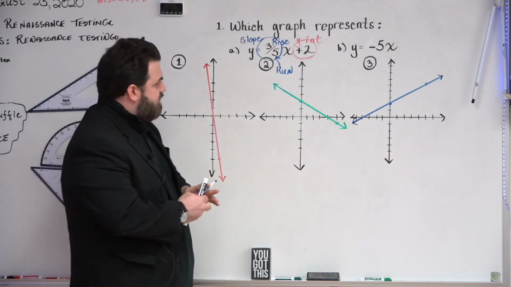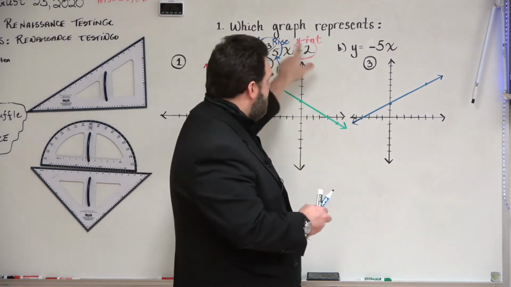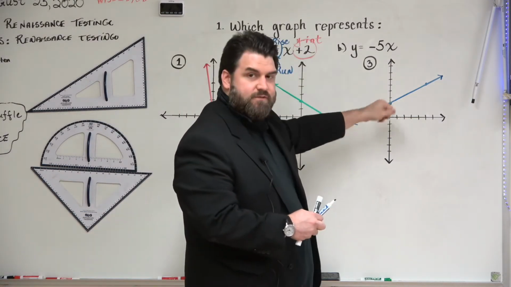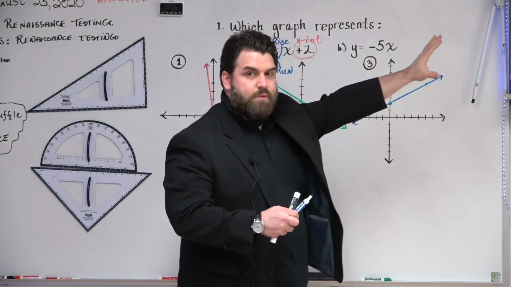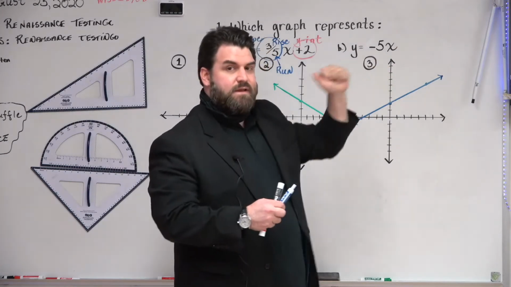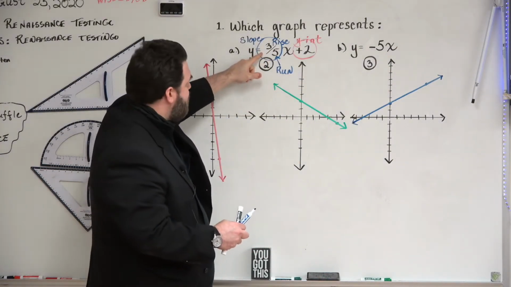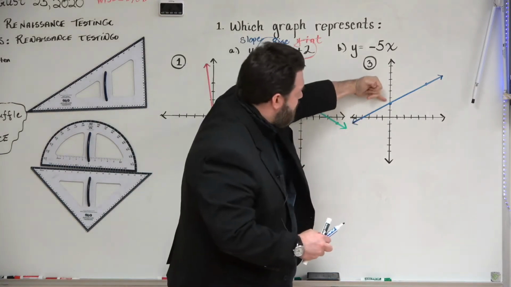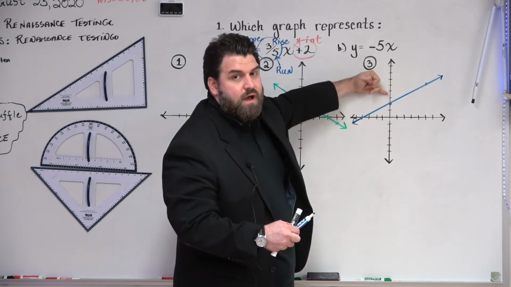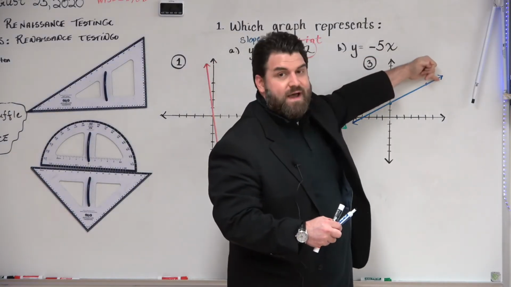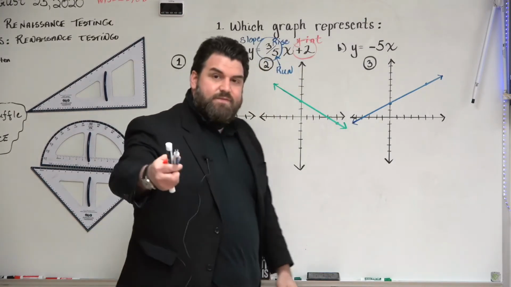So if we think the graph is graph number 3, come over here and see the y-intercept is at 2, check. We have a positive slope, so it's moving up from left to right, check. And let's check our slope to make sure that we have the right slope. Starting from this y-intercept here at 2, it should go up 3 over 5, and we should be back on the line. Let's see if that happens.